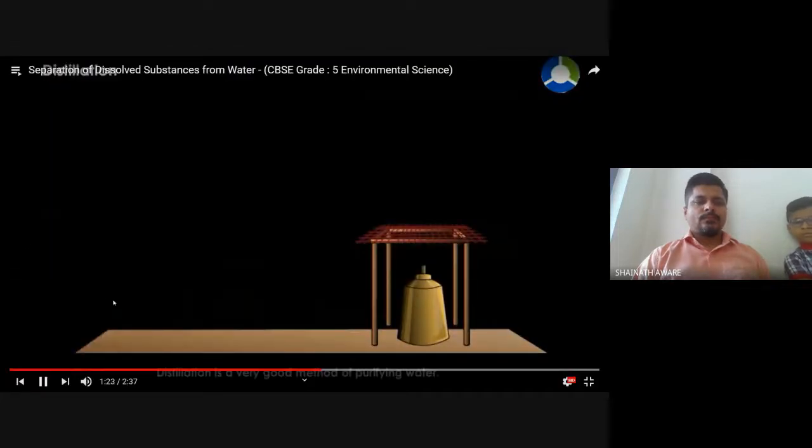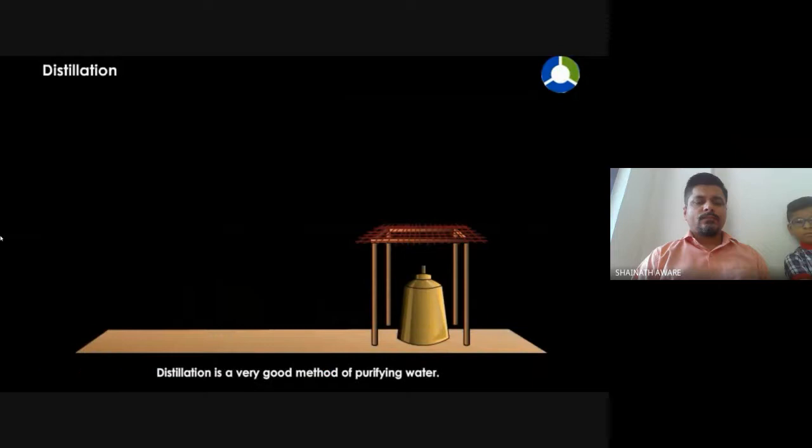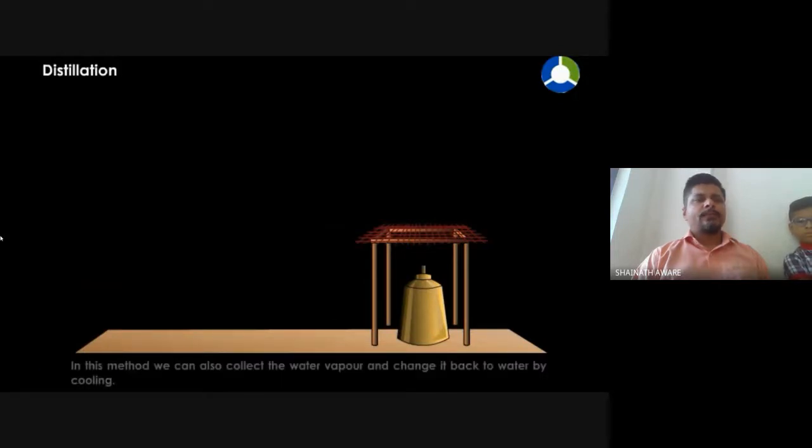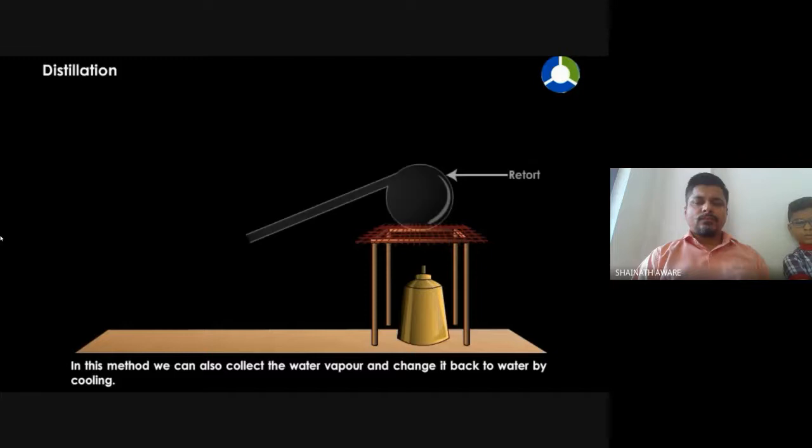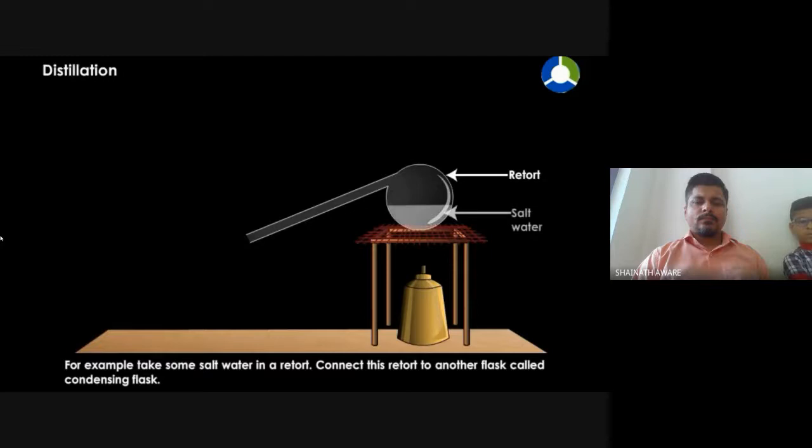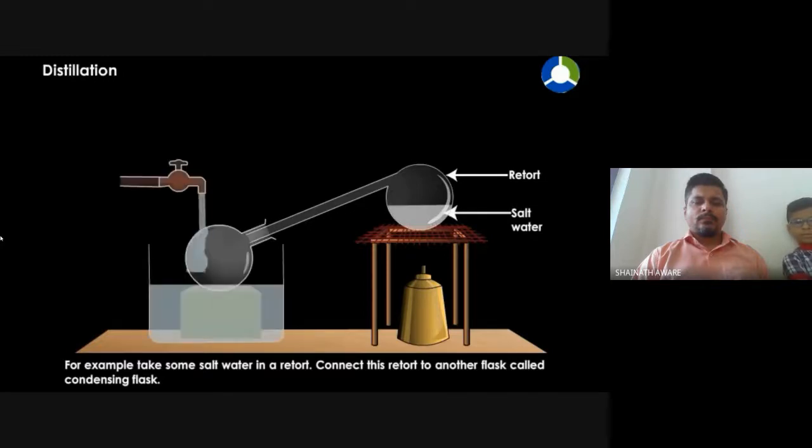Distillation. Distillation is a very good method of purifying water. In this method, we can also collect the water vapor and change it back into water by cooling. For example, take some salt water in a retort. Connect this retort to another flask called condensing flask.